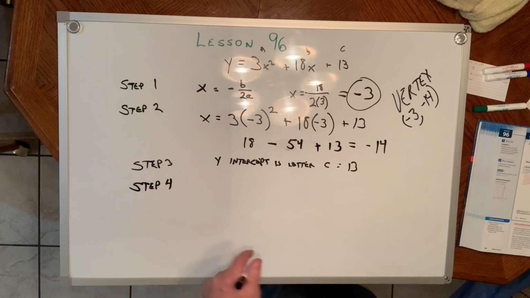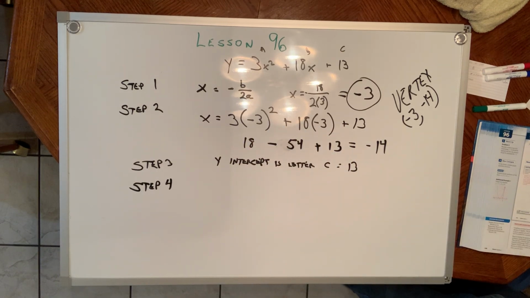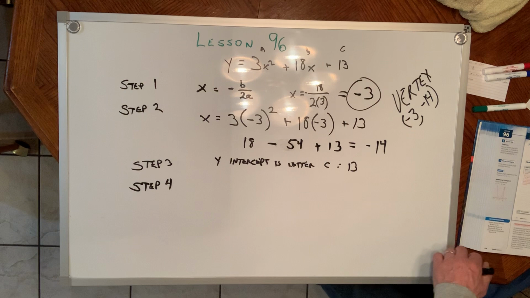Now, again, we picked a number. We didn't find it anywhere. We said, gee, what number is going to make my life easy? And in this case, on example 2 here, they chose negative 1. They said x is equal to negative 1. So wherever x is, they plugged in a negative 1.